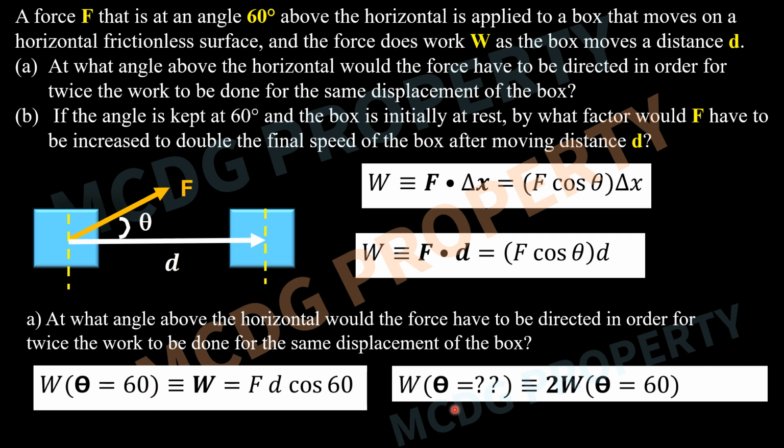So we're looking for the angle theta in which the work done by the force F as the block moves a distance d is equal to 2 times W, which is the work done when theta is equal to 60. So we're looking for that angle theta.